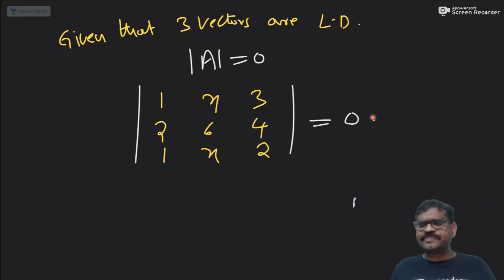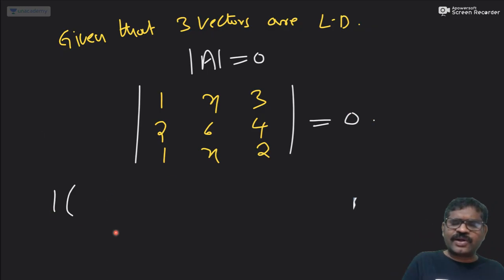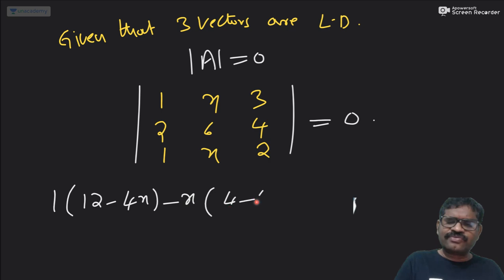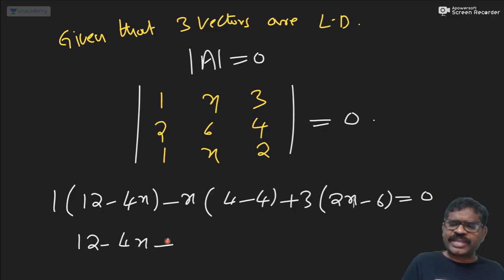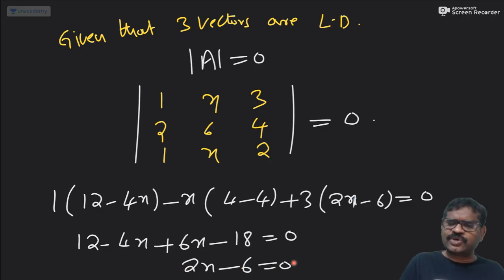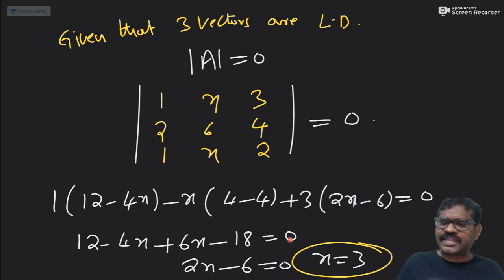Expand determinant. 1 of (12 minus 4x) minus 2 of (2x minus 3x)... 1 of 12 minus 4x, minus x of 4 minus 4, plus 3 of 2x minus 6 equal to 0. That implies 12 minus 4x plus 6x minus 18 equal to 0. 2x minus 6 equal to 0, x equal to 3. The value of x is 3.